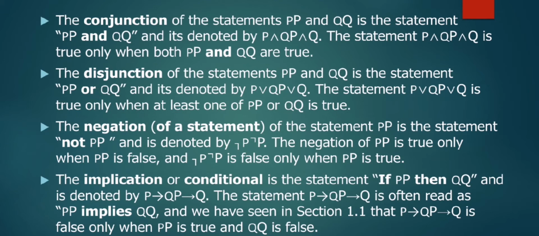It is the statement if P then Q, and is denoted by P arrow Q. The statement if P then Q is often read as P implies Q, and we have seen that P implies Q is false only when P is true and Q is false.